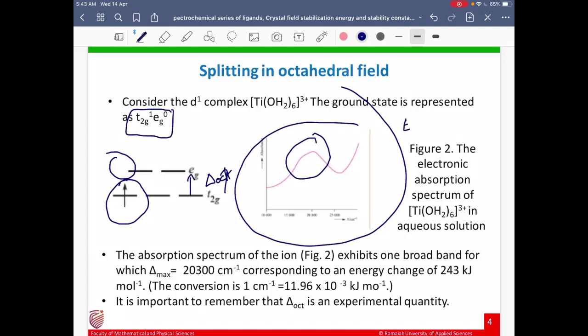Initially, in the ground state, the electron was in T2g. After absorption of radiation, the complex got sufficient energy for the transfer of the electron from T2g to Eg, so the new electronic arrangement will be T2g0 Eg1. It is very important to remember that delta octahedral is an experimental quantity.